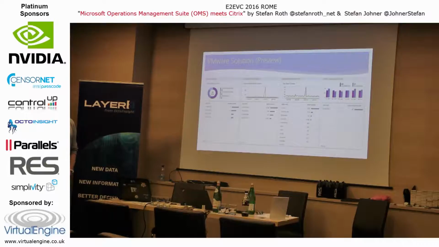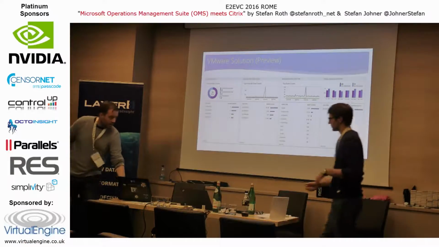Make note. So Microsoft did pretty much the same as Stefan did now for Citrix, they did for VMware. They created a solution also based on logs they get from VMware ESXi hosts, and they built a nice dashboard out of it.